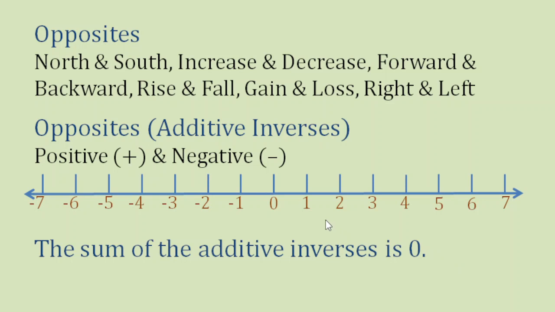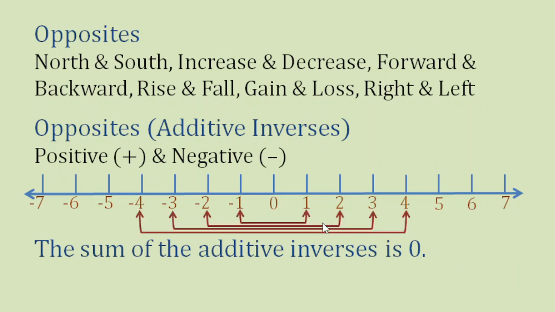I have here the illustration of the additive inverses. So 1 and negative 1 are additive inverses of each other. 2 and negative 2 are also additive inverses of each other. Or we can say the additive inverse of 3 is negative 3, the additive inverse of 4 is negative 4, and so on.